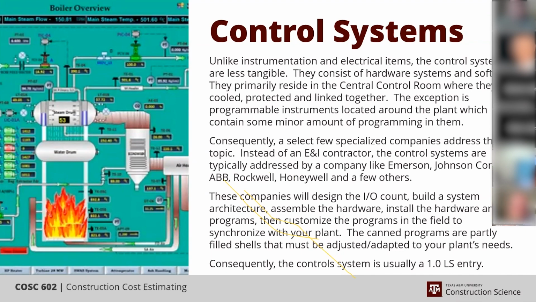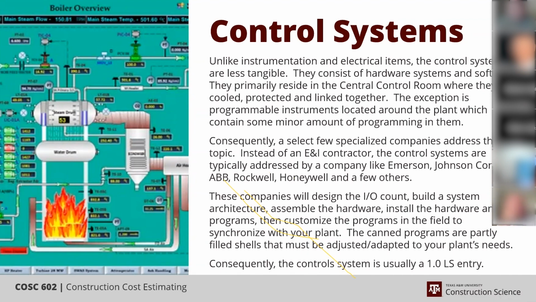And then these companies will analyze the IO counts and start building a system architecture around what the plant's supposed to do, looking at all the in and out signals from all the instrumentation that's out there. Meanwhile, they're also talking with the client, because the client's going to say, this is what I want the program to do.